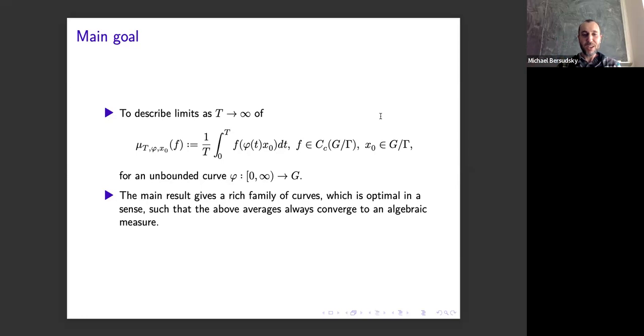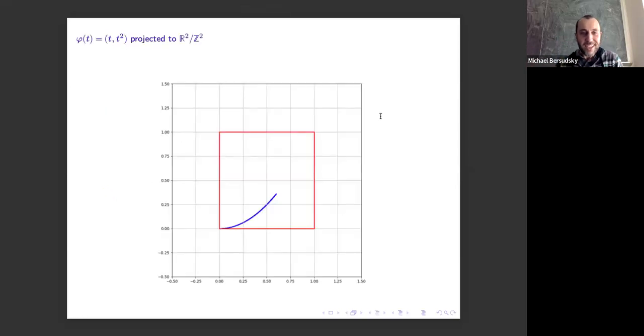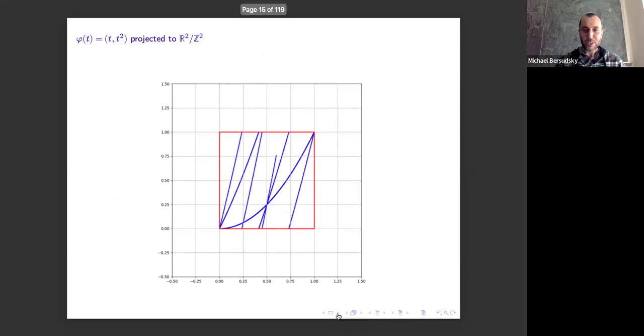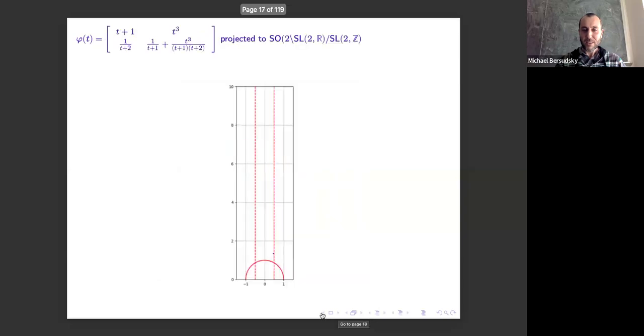Okay, so let's move on. I did a few illustrations, which I think may be nice to see. For example, you consider the curve t squared, this polynomial curve, in R^2 mod Z^2. Here is an illustration of how it evolves in time. We increase the parameter t, and you see some part of the orbit.